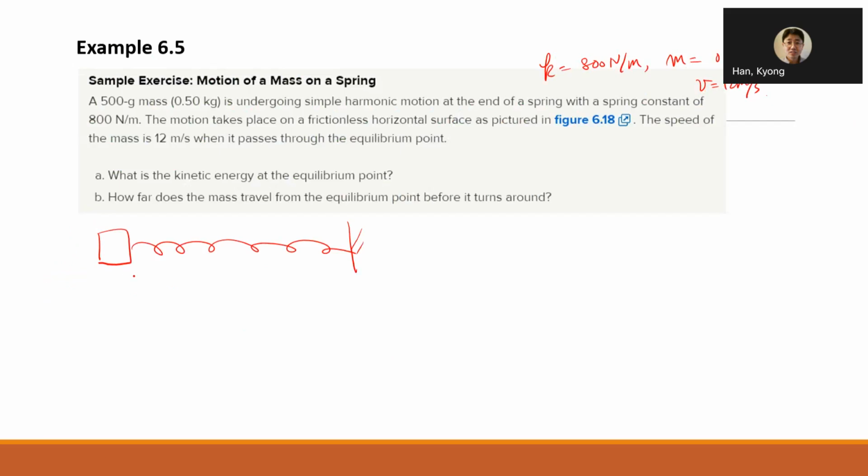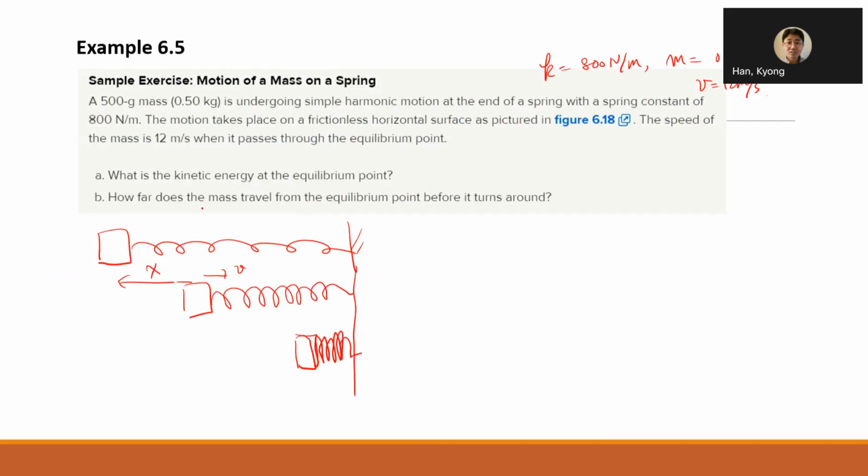This is the original equilibrium position, neither compressed nor stretched, and originally the block was moved a distance x to here. If we release it, it can gain some velocity like that. But then the spring will be compressed, very compressed like this. What's the kinetic energy at the equilibrium point?